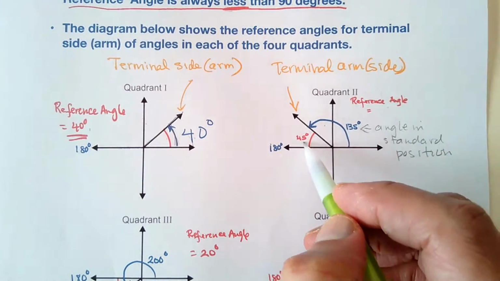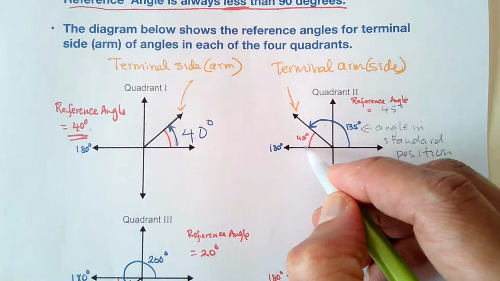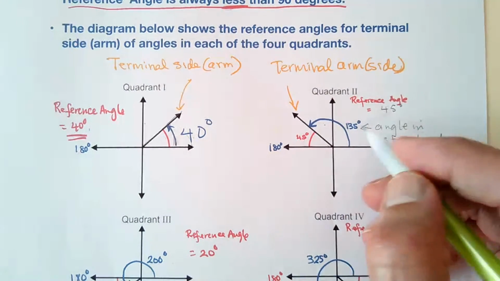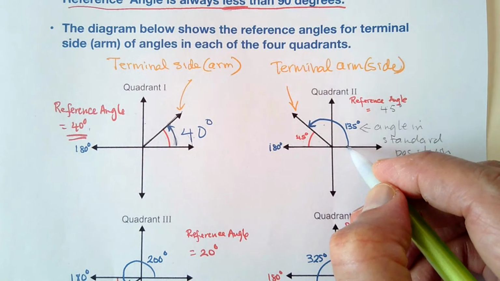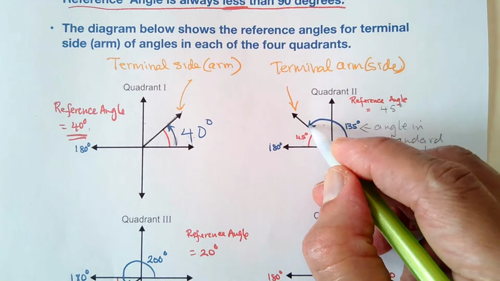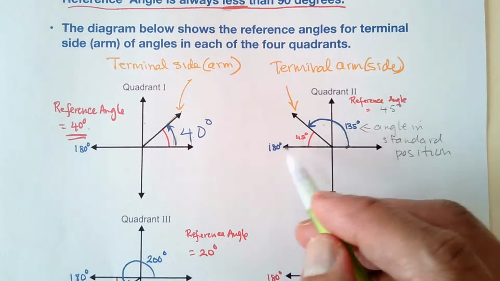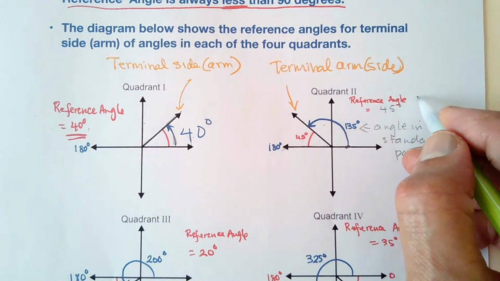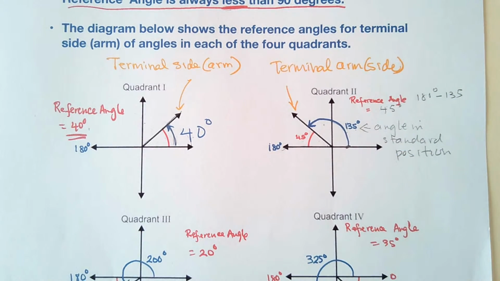The reference angle will be 45 degrees, because from the arm here to 135 is 45 degrees. So 135 plus 45 is 180. So you measure from the x-axis going counterclockwise, which is your standard angle, 135. Then to find your reference angle, it would be 180 minus 135, which is equal to 45 degrees.